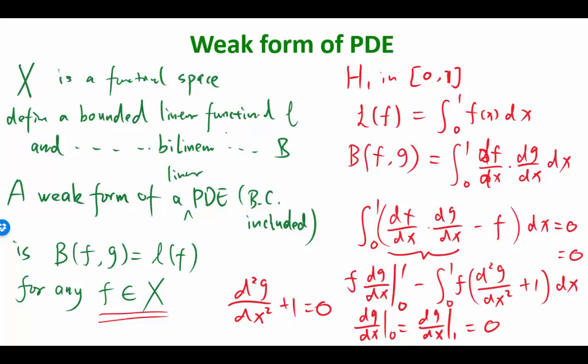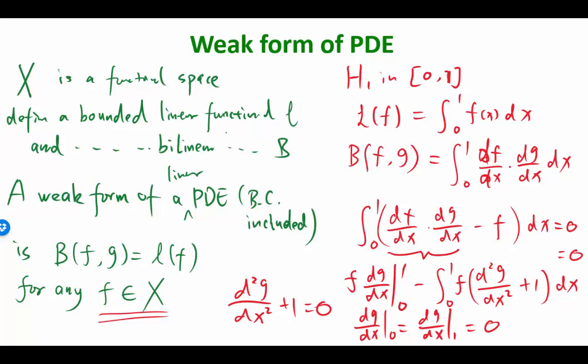Essential and natural. Essential is, for example, if I say, okay, I'm not allowing my space to be H1, but a more restricted version of H1. It has to be the intersection of H1 functions and functions that are equal to 0 at both boundaries. If I set my X to be that, that's also a perfectly valid vector space, a perfectly valid linear space.